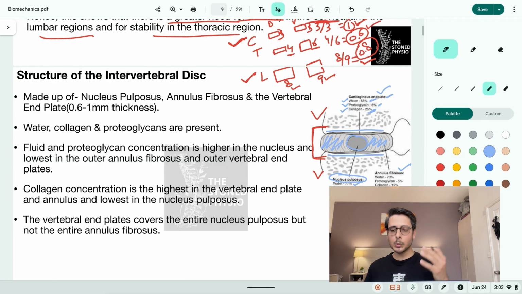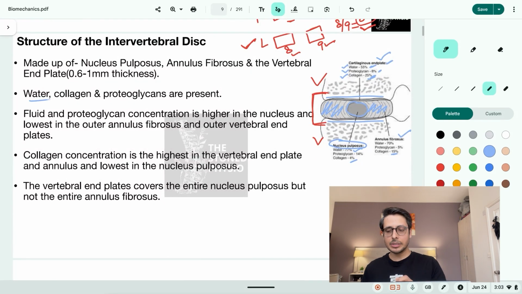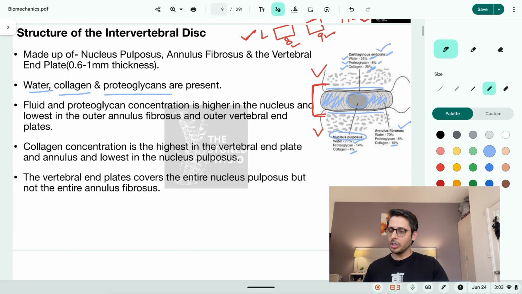That's what this slide talks about: the water, the collagen, and the proteoglycans. Talking about the proteoglycans, as we discussed, it's highest in the nucleus and lowest in the annulus fibrosus, and it's the other way around for the other structures.